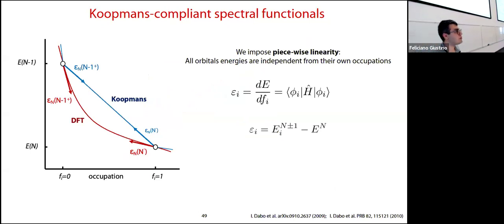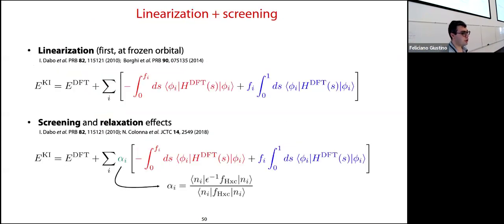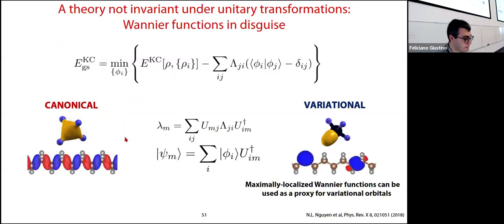If you have a fractional occupation, it's a bit like having a linear combination of systems with an integer occupation, so you really expect the energy to be linear with the fractional occupation, okay? And so the core ingredients are linearization, so you impose that this is piecewise linear, and then you take into account screening and relaxation effects, so that the orbitals actually relax once you populate them, once you change their occupation, okay?